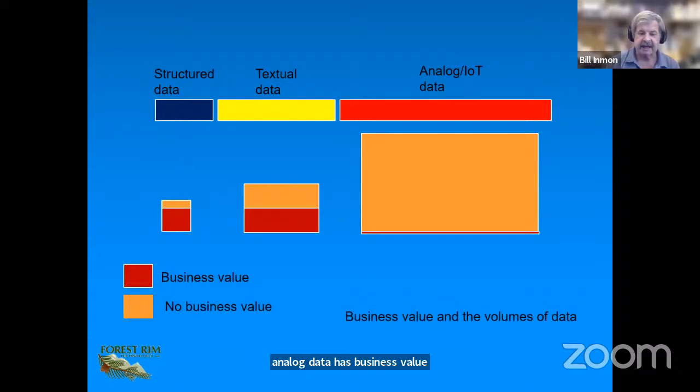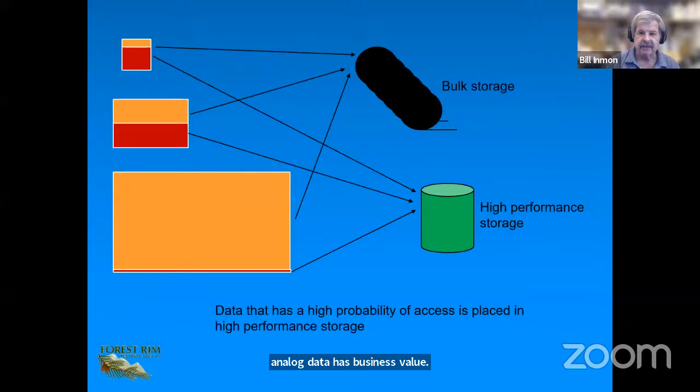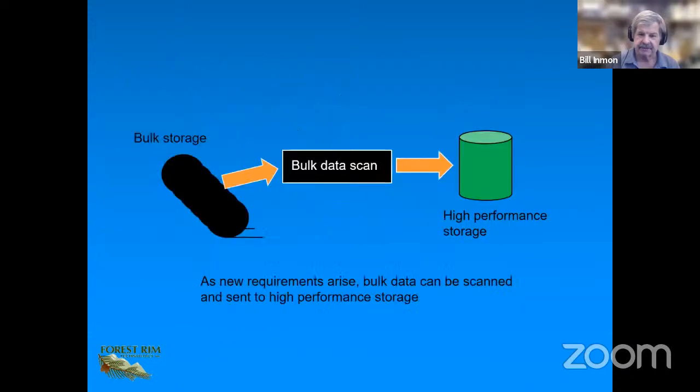And it's that data that has business value that we want to put into our data lakehouse so that people can do the work that they need to do analytically. The rest of the data that doesn't have great business value, we either throw it away or put it off into bulk storage.